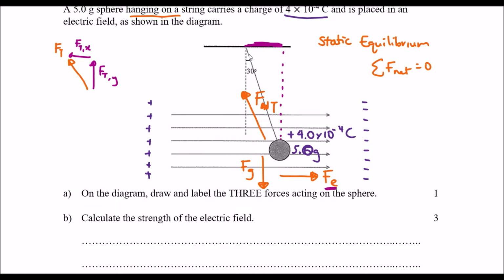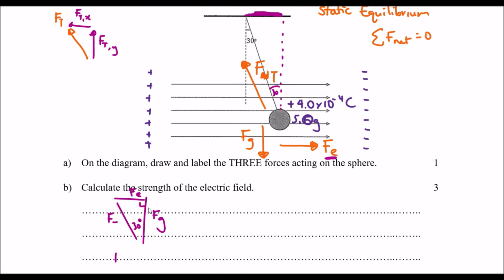If we draw this triangle parallel to this line, then this angle is 30 degrees. That's FG, that's FE, and that's FT.